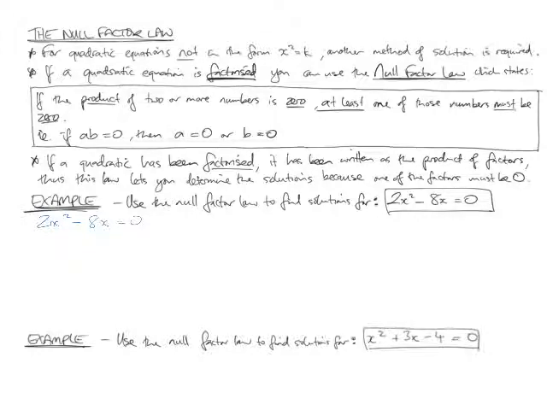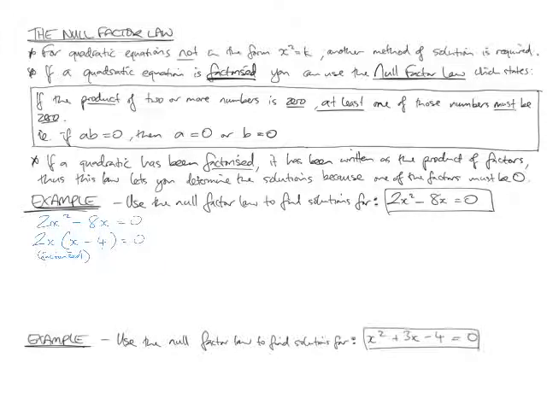Well, 2x goes into both of these, so I can move the highest common factor to the outside of the brackets. What did I have to times 2x by to get 2x squared? X. What did I have to times 2x by to get negative 8x? It would be negative 4, is equal to 0. So this has been factorized now.